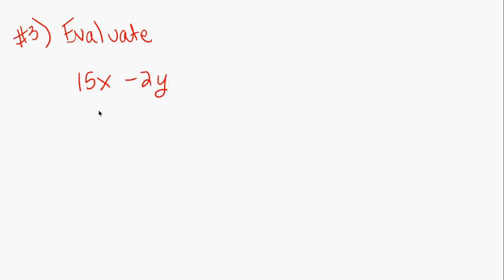All right, number 3. Number 3 says evaluate for the given values. So we have 15x minus 2y over x plus 6. And that tells us that x is 3 and y is 7.